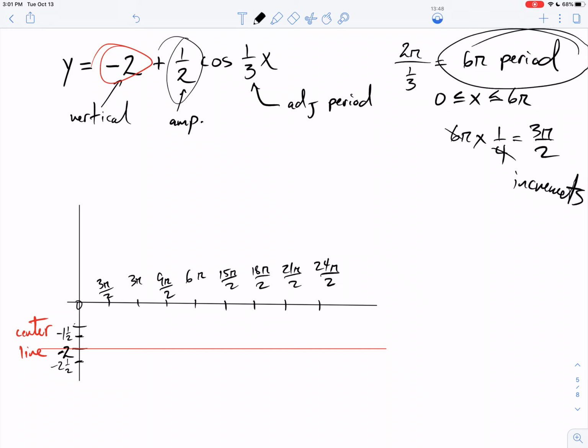That was my period. So that's one period. Then 15 pi halves can't reduce, but 18 pi halves, that can reduce. I would call it 9 pi. 21 pi halves won't reduce, but 24 pi halves, I'm going to make that thing 12 pi. And it's as simple as that. I just count, and then I go back and clean it up if I have to.